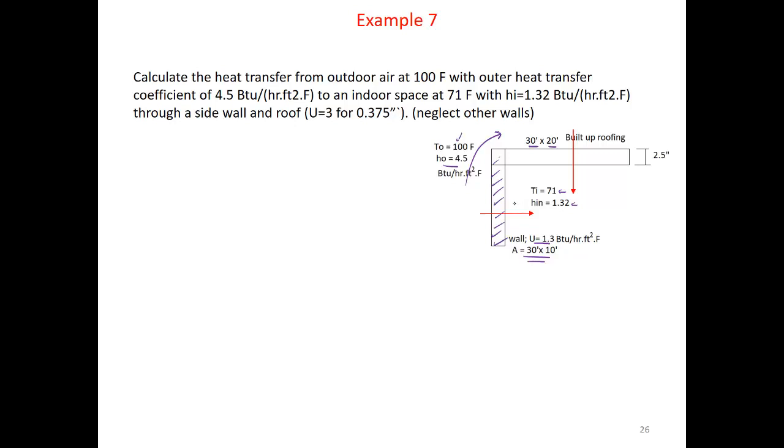Neglect the other walls. If you notice, because you have two different thicknesses here and there in different areas, those will be treated as parallel, kind of. You have T out here, you have the roof here, and then indoor, and then you have the wall, and then indoor. T in, T out. So if you twist it a little bit, it's going to be something like this.